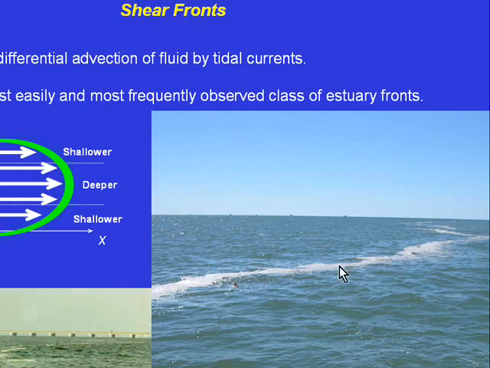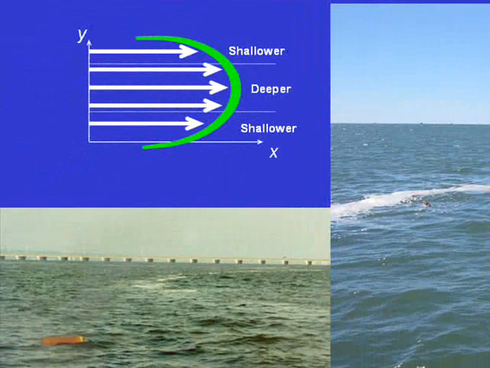So this is in the Chesapeake Bay, aligned with the main channel at the entrance. It's on the northern part of the entrance, and this is in the James River. You have this front that's accumulating, in addition to foam, it's accumulating trash.